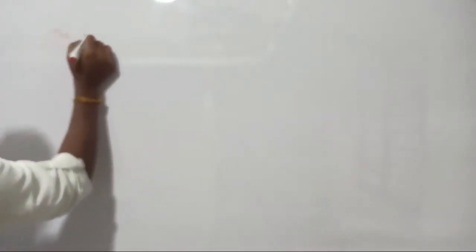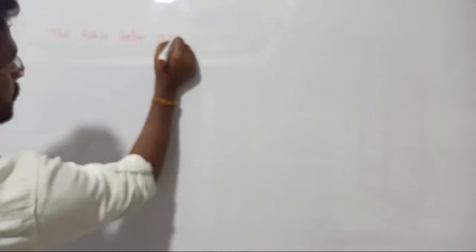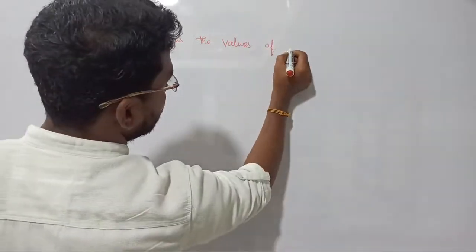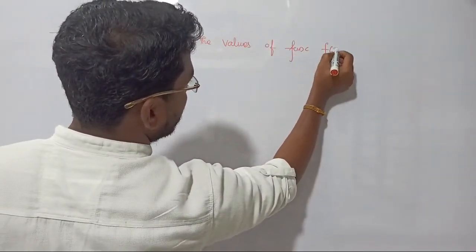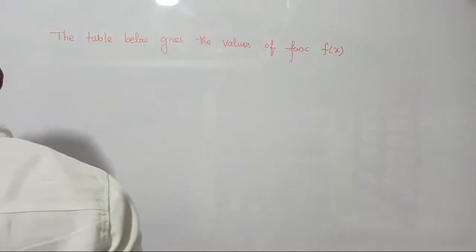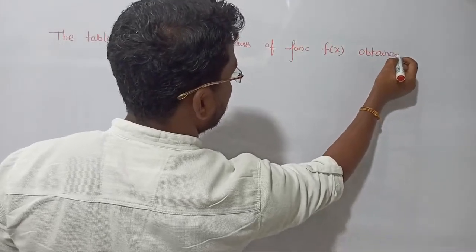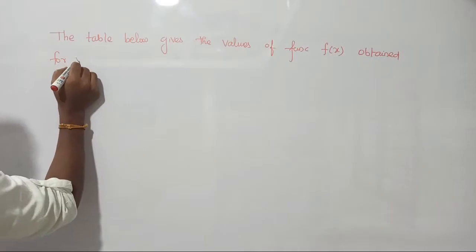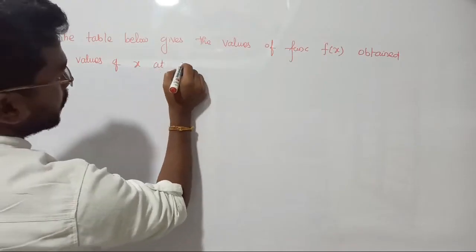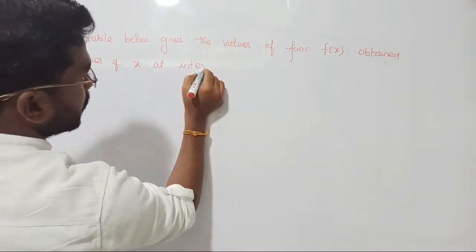The table below gives the values of the function f of x, obtained for values of x at intervals of 0.25.